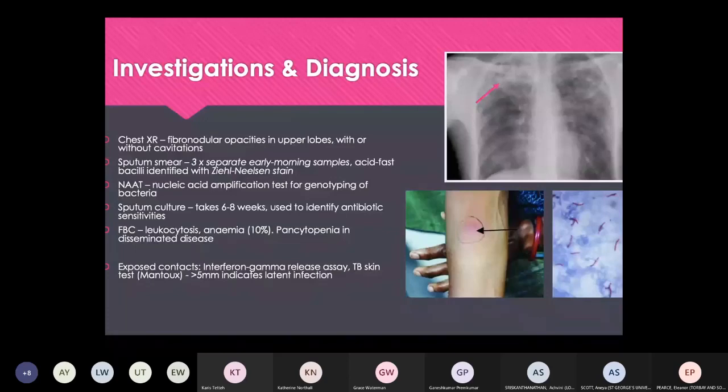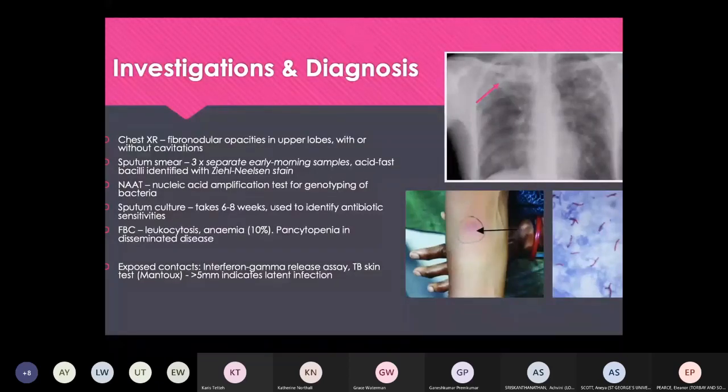Sometimes now they use the NAT test to genotype the bacteria, particularly to see whether they're resistant to treatment. And then you can also do sputum culture. This takes quite a long time, and TB is notoriously hard to grow in a lab as well. It often doesn't grow correctly, but you can sometimes use this to identify what the bacteria are sensitive to.